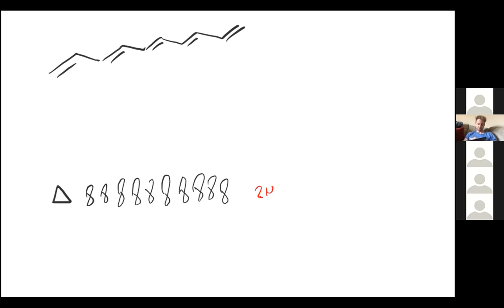So the first one by itself, first two pairs, second 2 pairs on bottom, next 2 pairs on top. Next 2 ones on bottom, last 2 ones here on top. I'm going to just draw it out in the molecule ones.